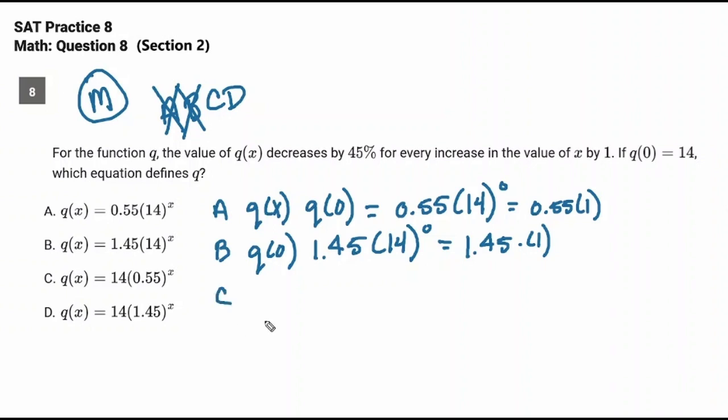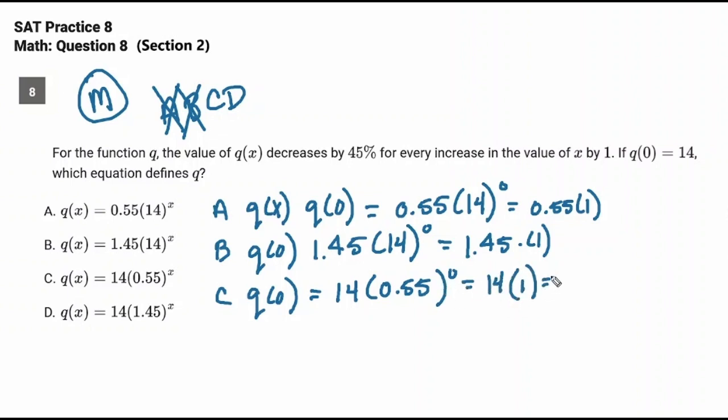All right, I'm going to do C down here. I'm going to do q of 0. So that's 14 times 0.55 to the 0. That's 14 times anything to the 0 is 1. So I got 14. Okay, cool.